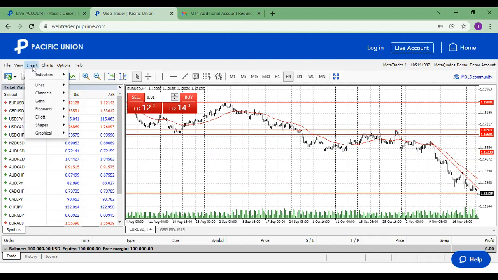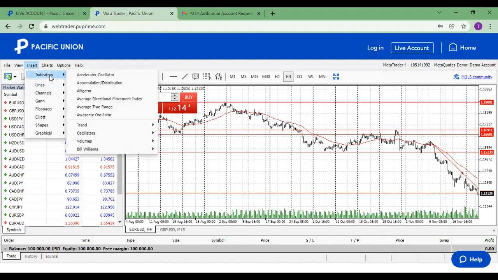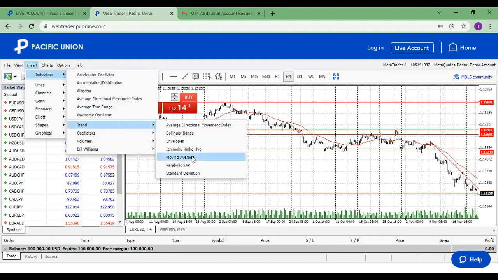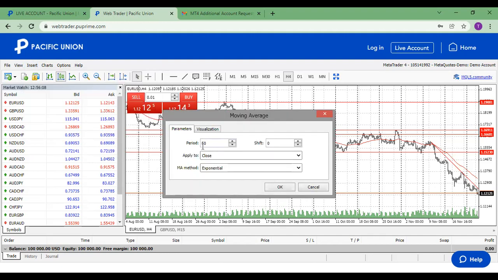So you go to insert, indicators, trend, and moving average. If you use any of the moving averages that you want, the shift is to give you a kind of simulation of the shift of the next candle.